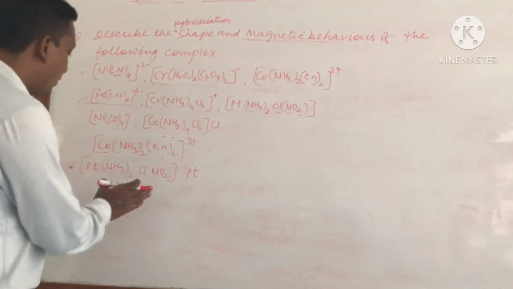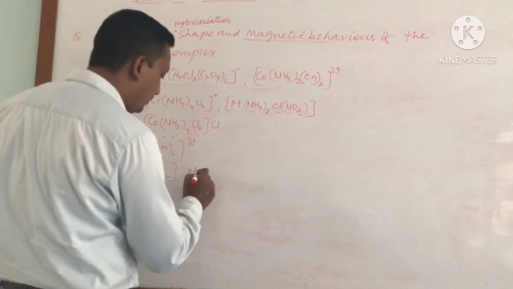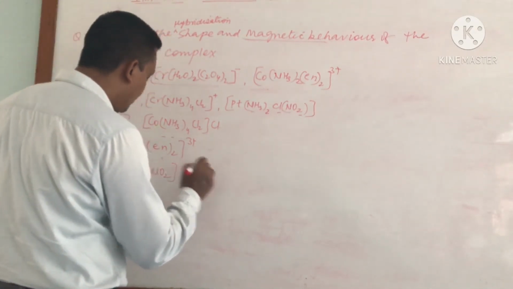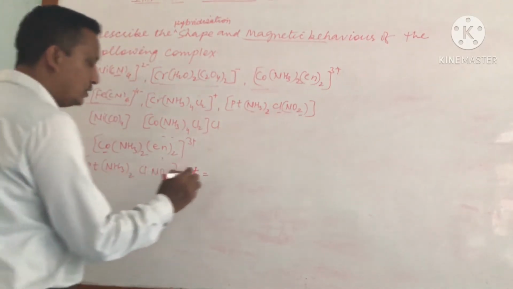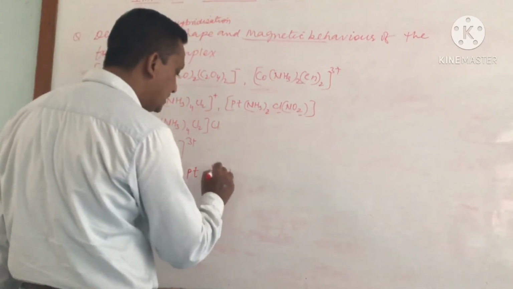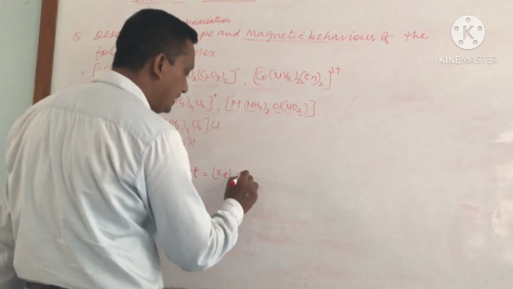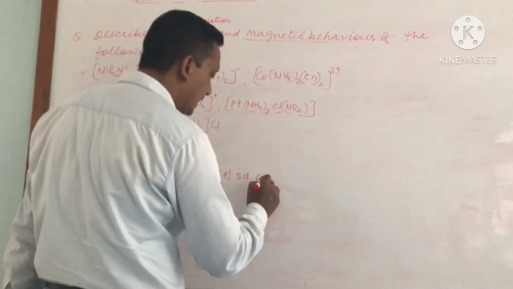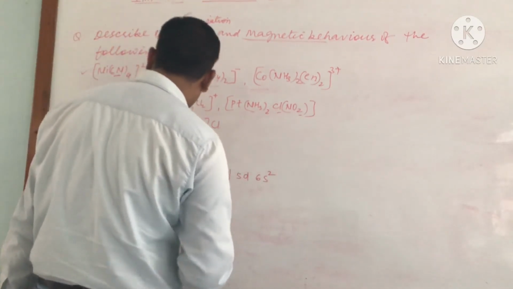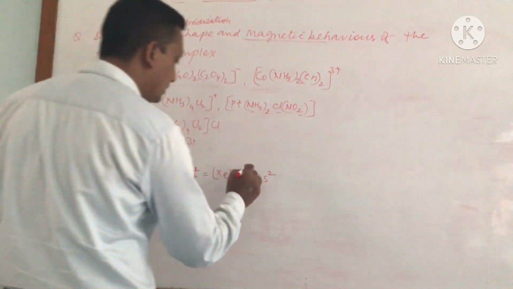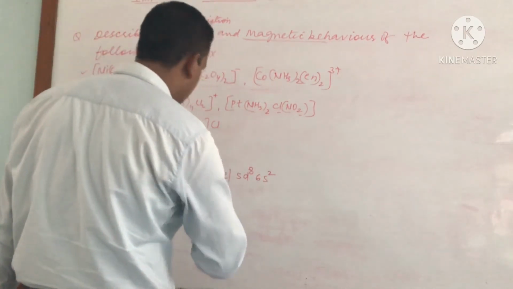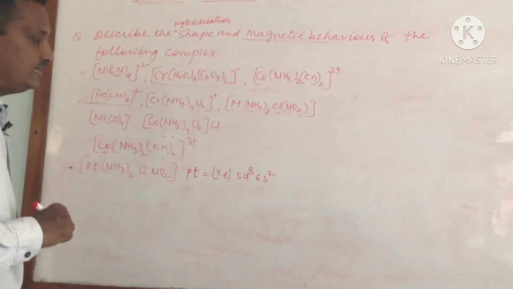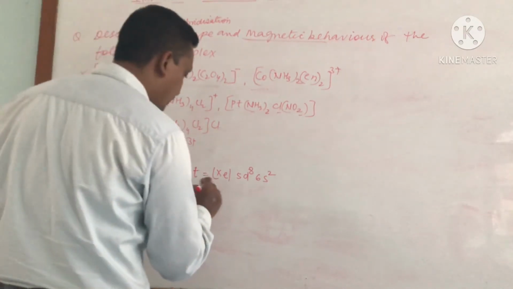is [Pt(NH3)2Cl(NO2)]. In this complex, platinum would be the central metal atom. The electronic configuration of platinum is xenon 5d9 6s1, that is 5d8 6s2 as written here.